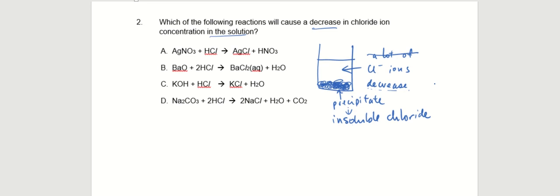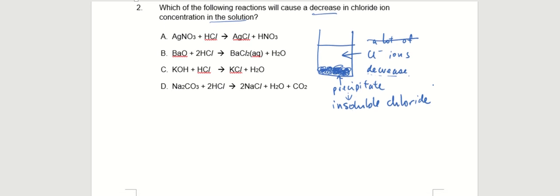Okay, so now let us look for an insoluble chloride, and we know that all chlorides are soluble except lead and silver chloride. So in reaction A, we can see that silver chloride is formed, and we know that silver chloride is insoluble, and this will give us a precipitate, which is what we want, because this will cause a decrease in the chloride ion concentration.